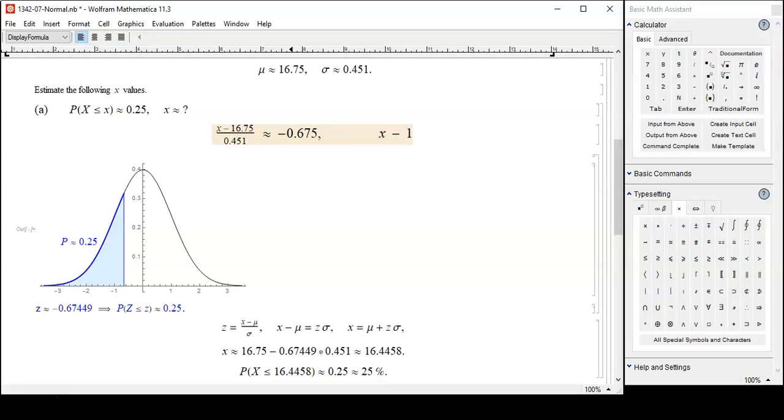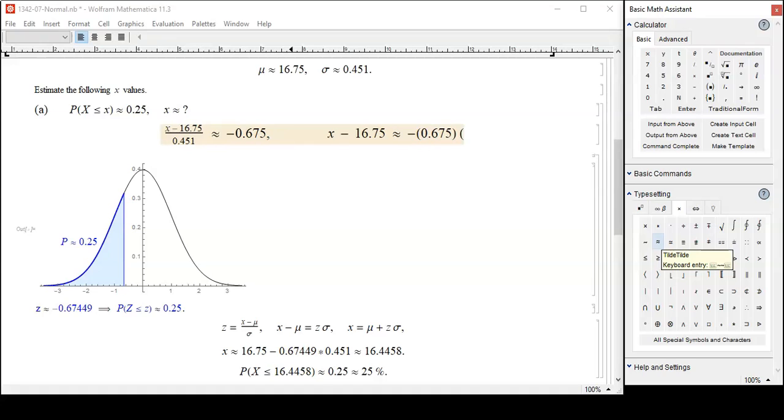X minus 16.75 is approximately equal to negative of 0.675 times this one, 0.451.